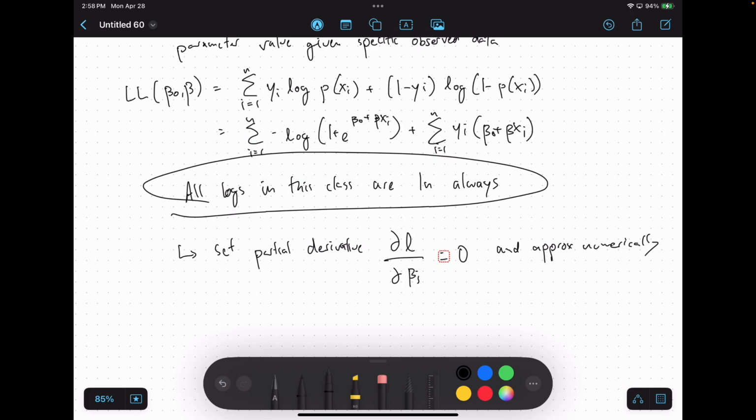Is that just like nudging around the betas until the likelihood stops changing? Kind of, but in a much smarter way, right? Because when you set the derivatives, you're trying to replicate what you would do analytically.